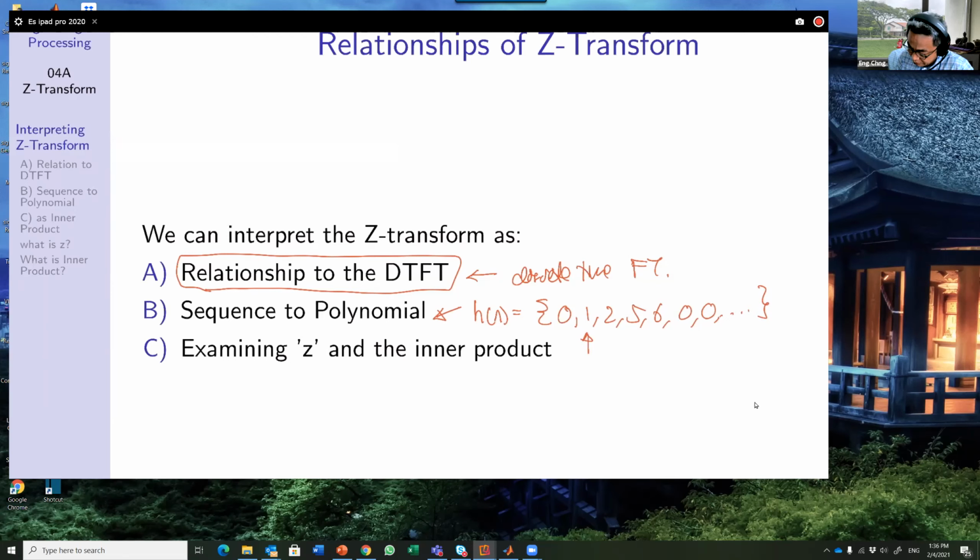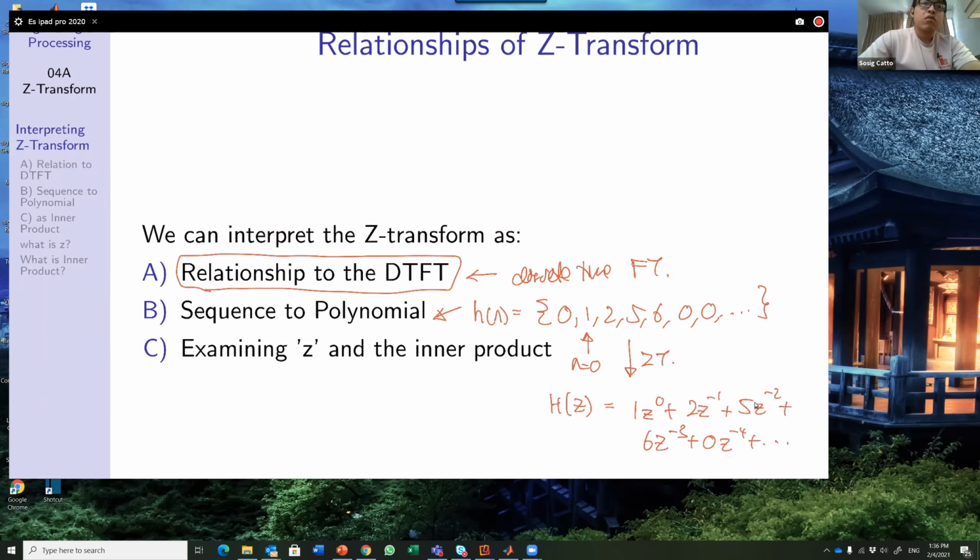And by now you know that we can perform Z transform of h of n to become h of z. And then h of z is nothing but 1 z0 plus 2z minus 1 plus 5z minus 2 plus 6z minus 3 plus 0z minus 4, and so on.